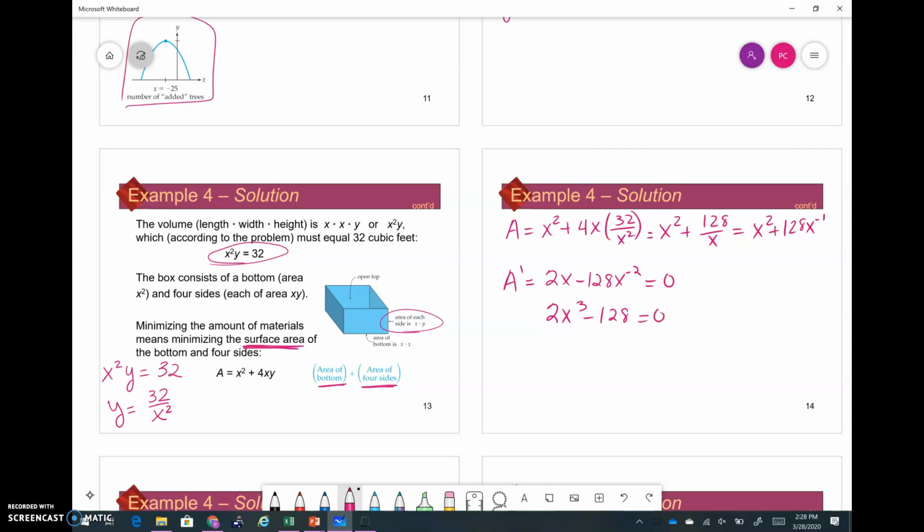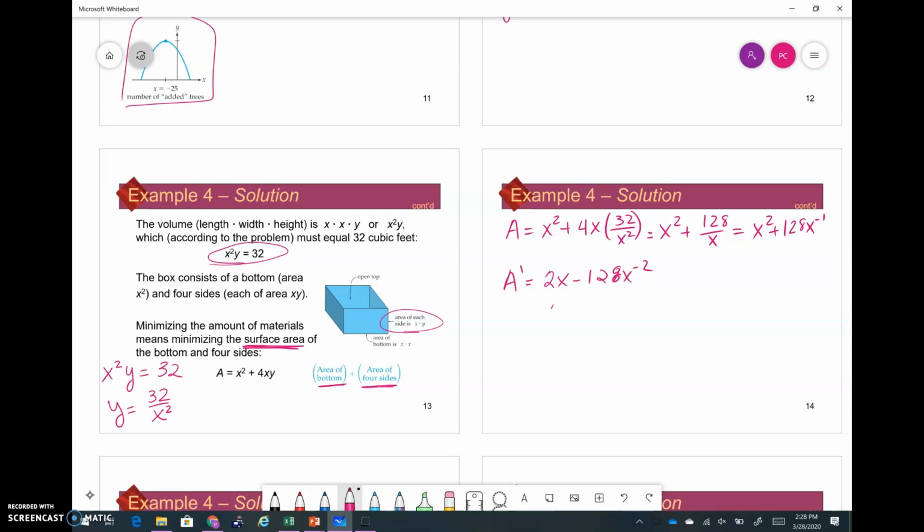Let me show you that step again. So I have 2x minus 128 x to the negative 2.